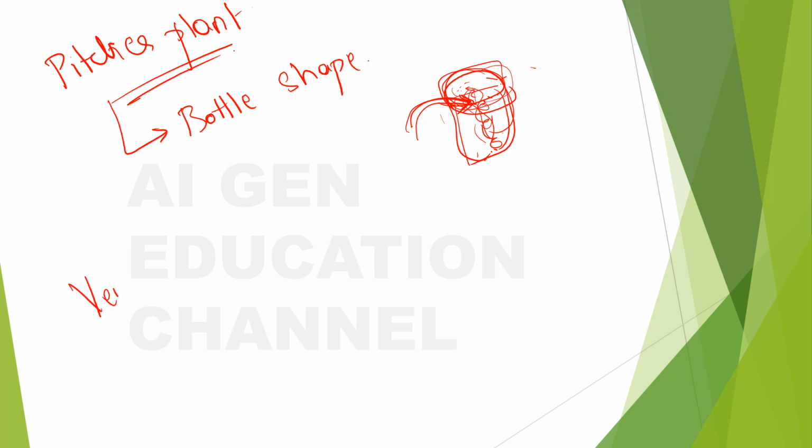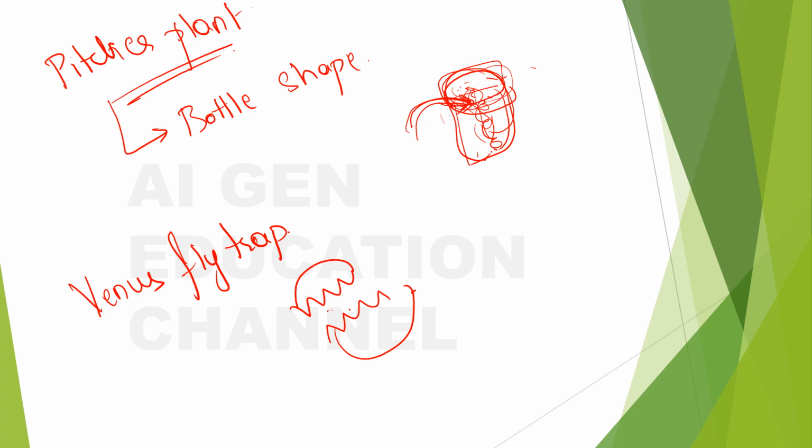Next, Venus flytrap. How about this? Here there will be a structure like this, and there will be some hair here. This is called trigger hair, and when some insect comes here and there is some movement of this hair, the trigger hair will make these parts bind with each other, and so it won't allow the insect to come out.